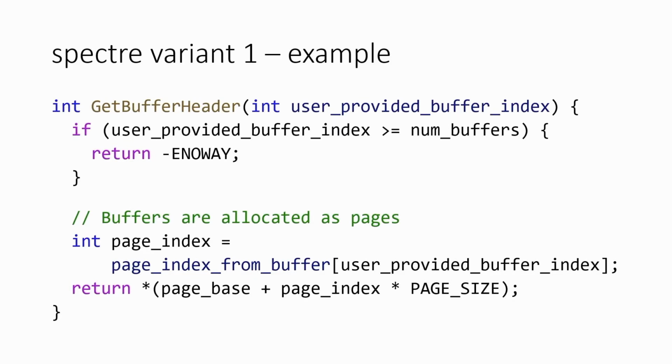Maybe because an attacker forced it to be evicted out of the cache. If the upper bound isn't immediately available, the branch predictor is going to take over and send us down the path it's been trained to think is the right one. We will end up using that attacker-controlled index to access out-of-bounds memory, and then leaking the contents of that memory through a cache side channel.